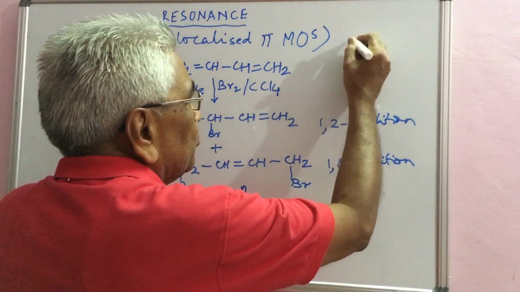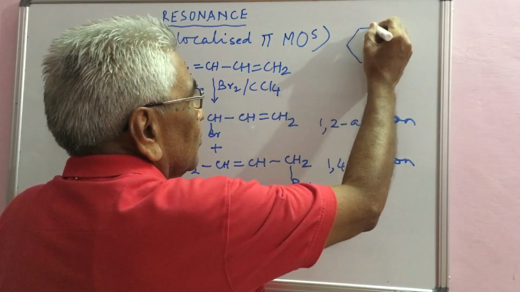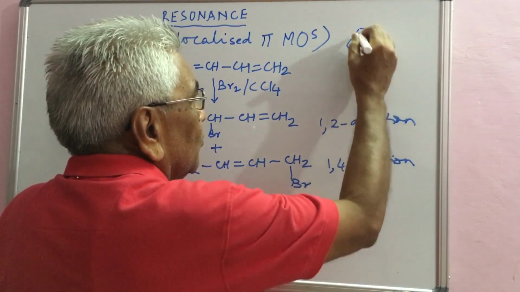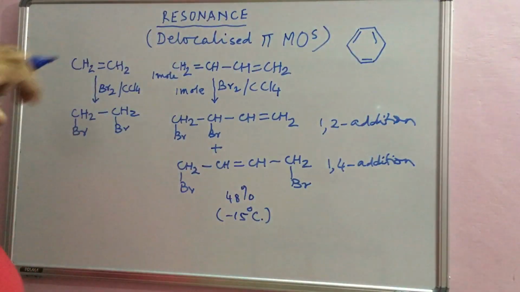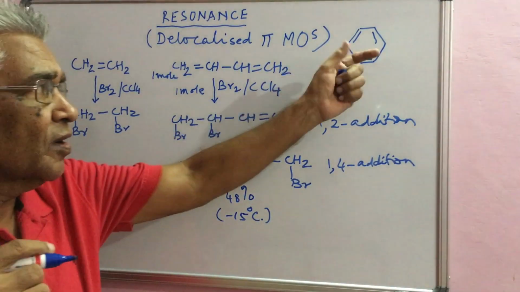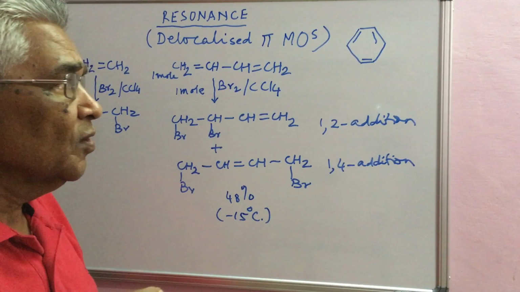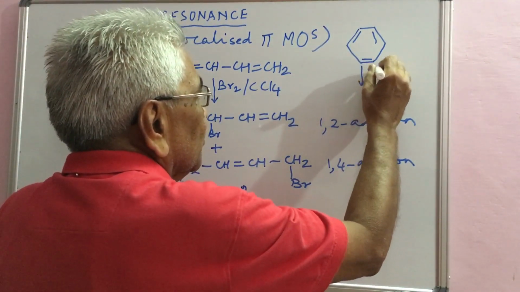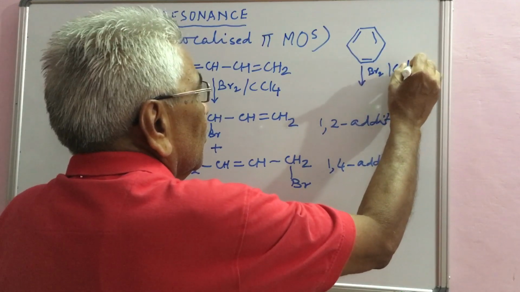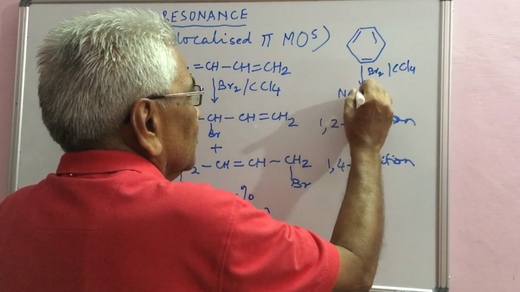If you take benzene, which has been shown to have 3 double bonds, this or at other alternate positions, if you treat this with bromine and CCl4, no reaction.